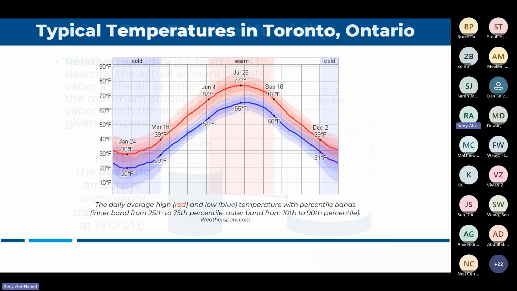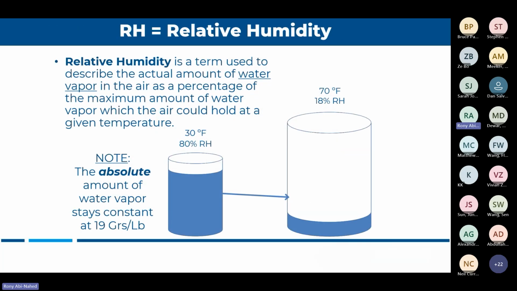If I take, let's say, a bubble of air at 30 degrees Fahrenheit in winter, even if it's 80% relative humidity outside, as soon as I heat it to the 70 Fahrenheit inside air condition, I have only 18% relative humidity. That's mainly why we need to humidify in winter, because the more you heat the air, the more water it can retain and the more humidity you need to inject into it.